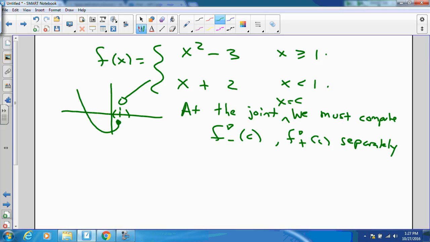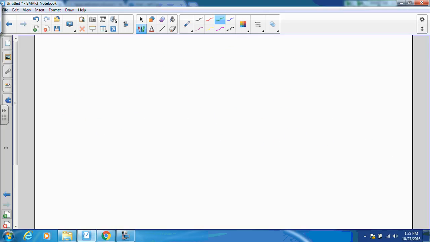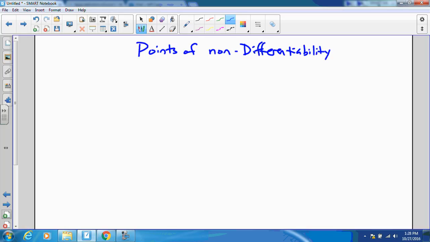Okay. Now, a second major use of the sided derivatives was to analyze points of non-differentiability.